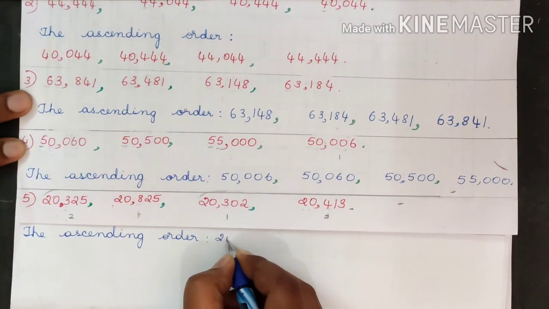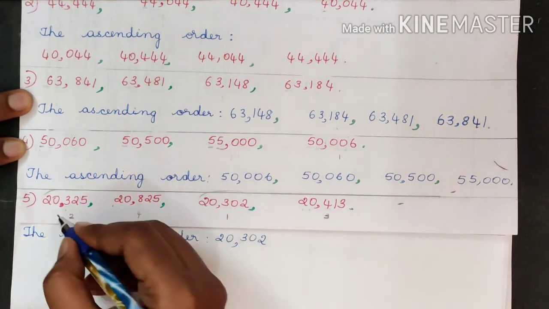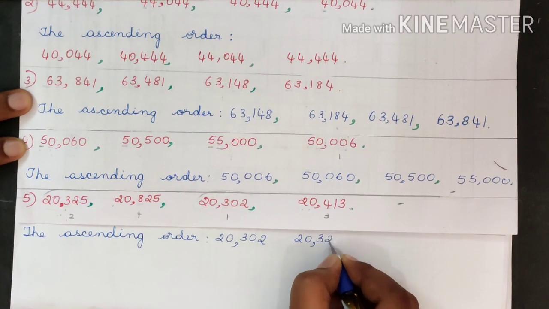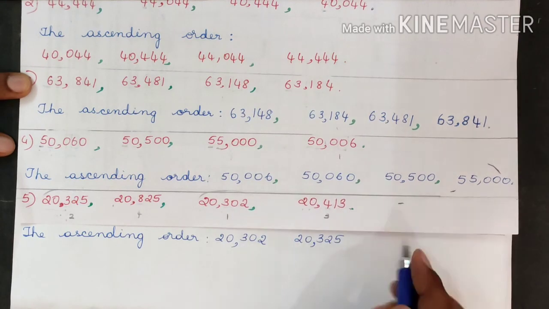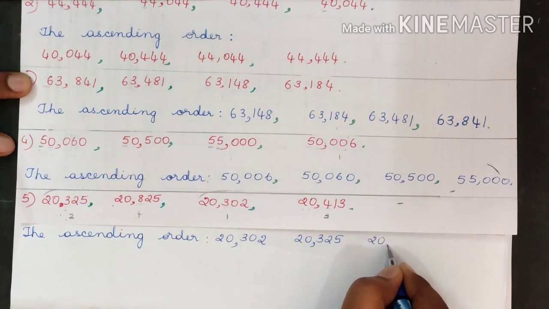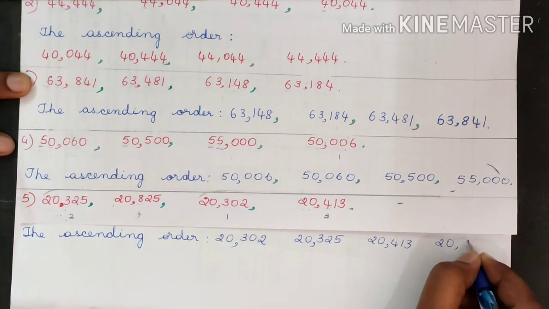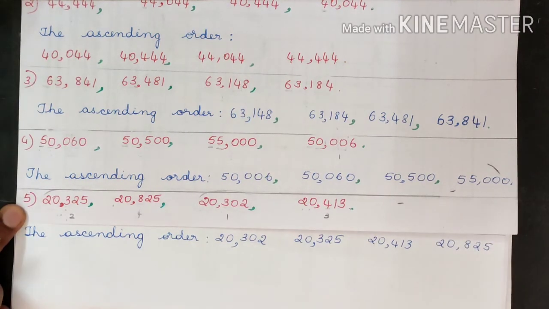First comes 20,302. Second is 20,325. Third one is 20,413. And last one is 20,825. So this is the ascending order of the given number.